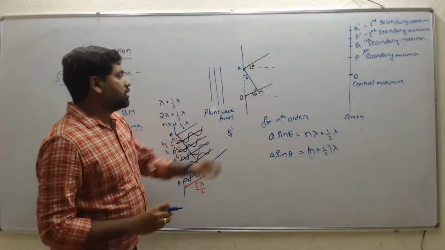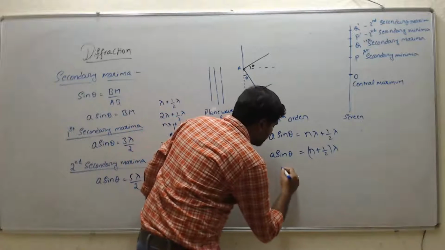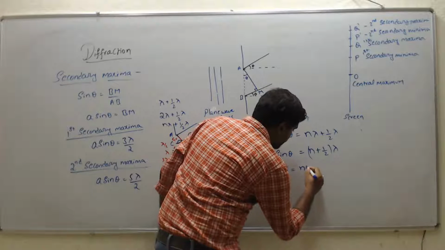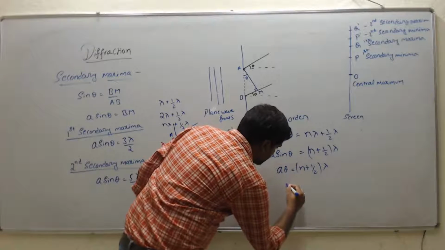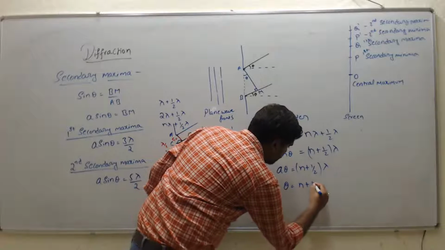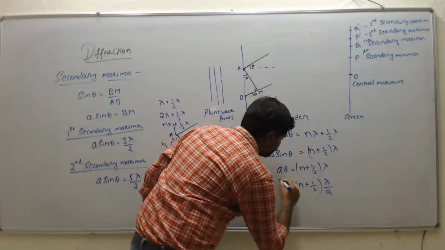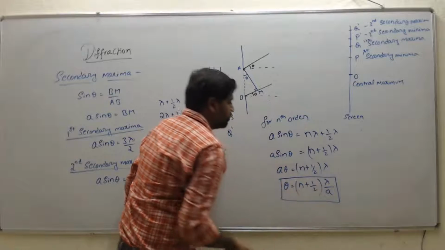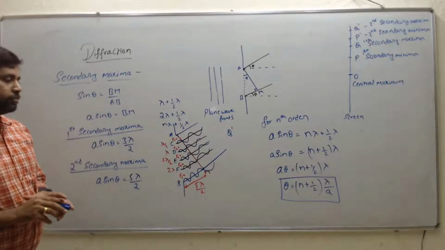Here we are considering this angle is very small, hence we write a theta equals n plus 1 by 2 into lambda, then theta equals n plus 1 by 2 into lambda by a. This is the condition for the secondary maximum.